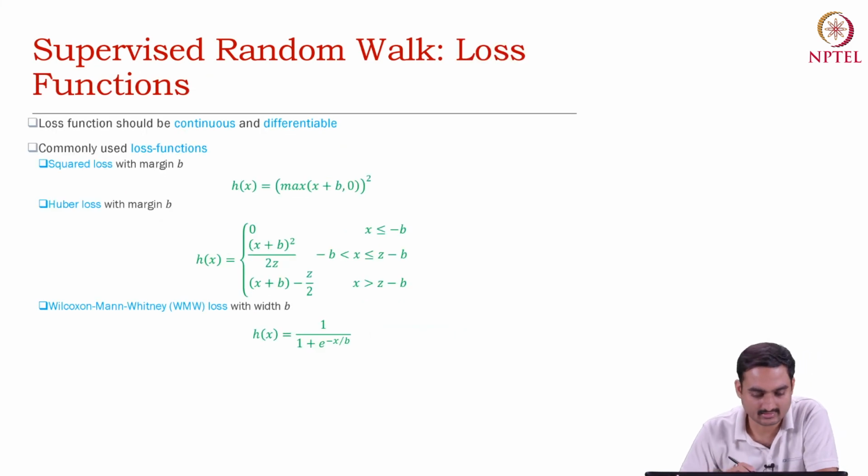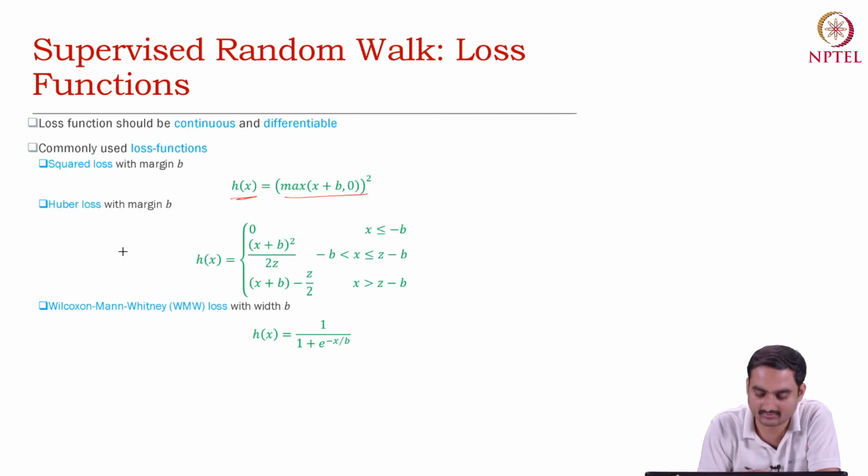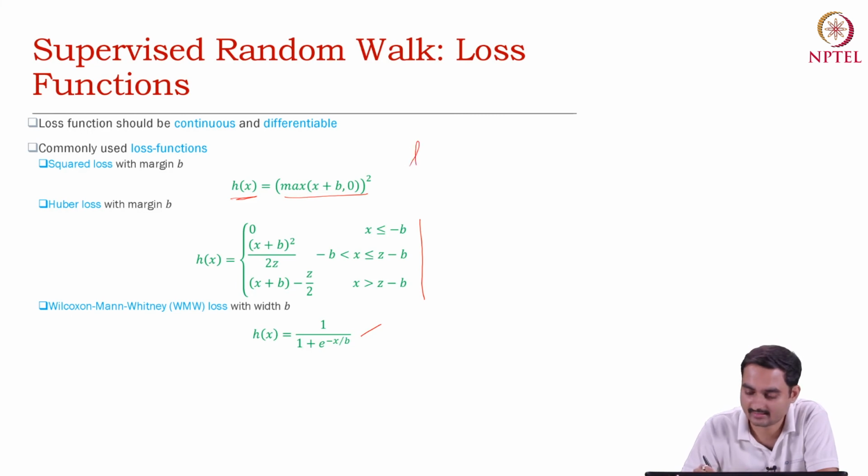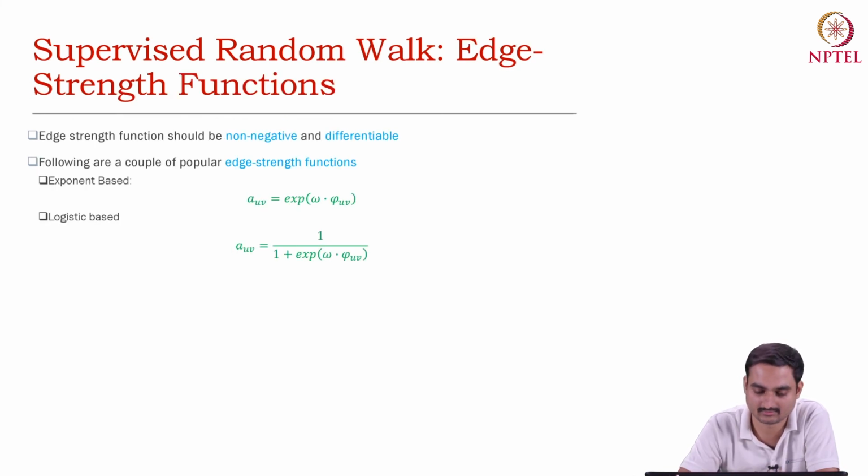So now let's look at some of the components. The first component was this h, the loss function. In their paper, they used a simple squared loss function, which is this one. Or you can use even more complicated loss functions like this, or this one. So this h was unknown. Now these are the kind of h functions that you can use in the optimization.